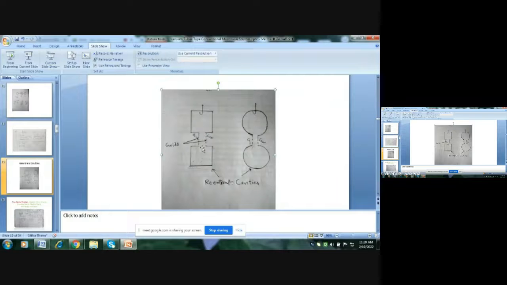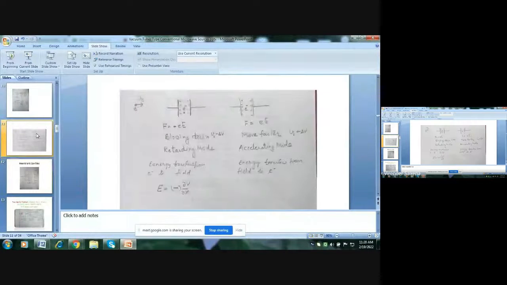And if it is in retarding mode, then power is transferred from the electron to the cavity. So this is the basic phenomenon which takes place in the klystron.